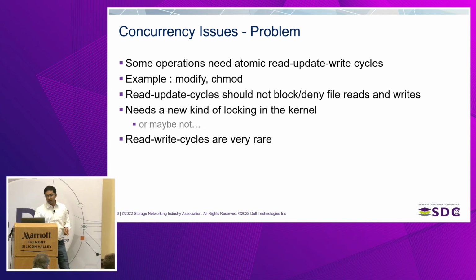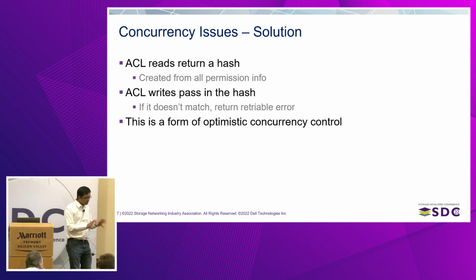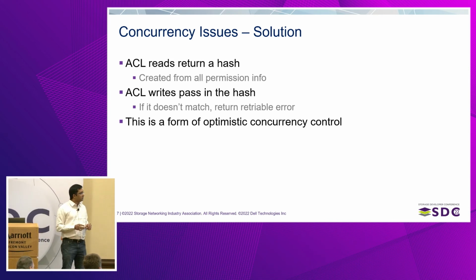You don't have that kind of locking, where you just lock the metadata. What we do have is shared locks, which allow you to lock down the whole file or lock specific byte ranges. So we didn't have a lock which would do this for us.